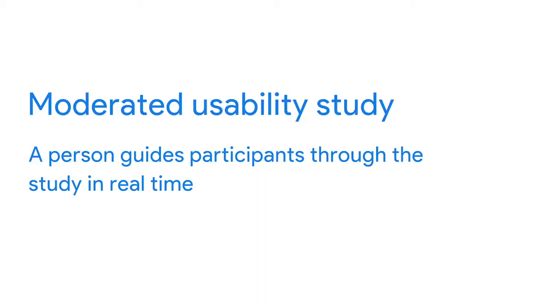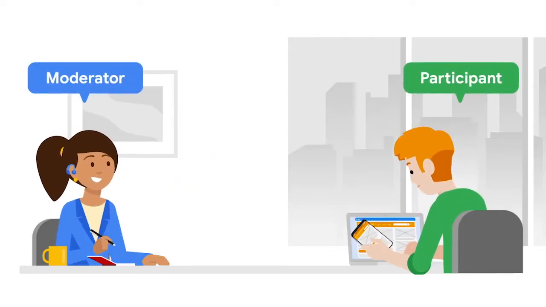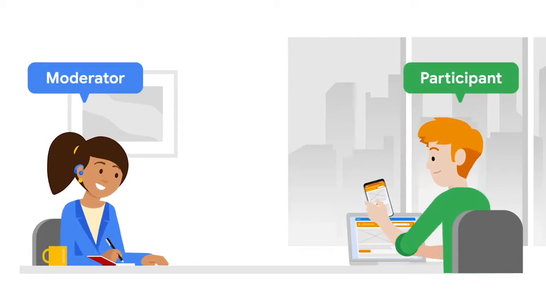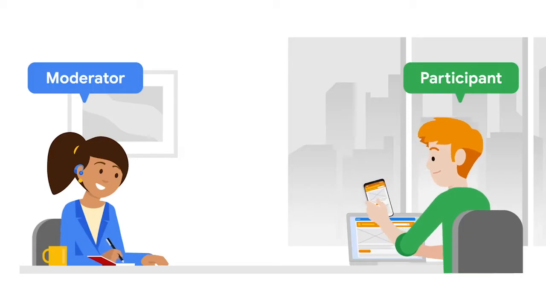In moderated usability studies, a person guides participants through the study in real time. The person who guides participants through the study is known as the moderator. The moderator's goal is to assign participants different tasks to complete within the product and watch participants interact with the product. Plus, they collect their feedback along the way.